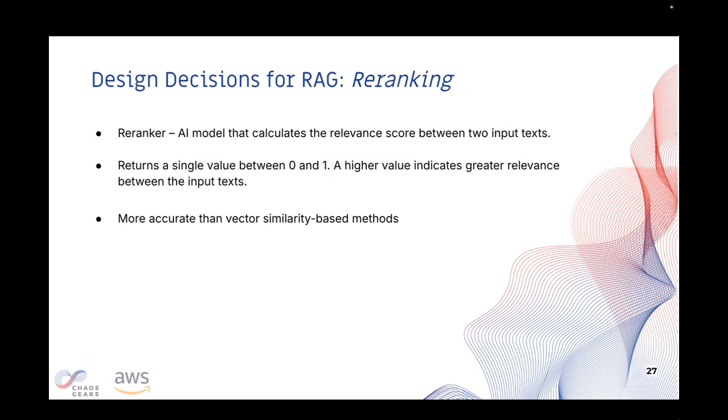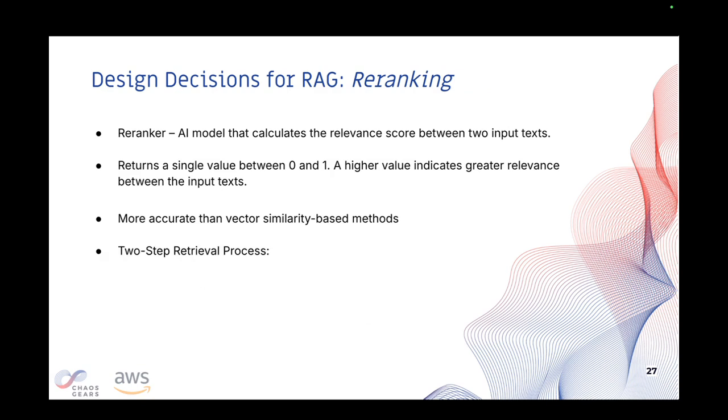This allows you to get more accurate results than vector similarity-based methods, because similarity-based methods are basically some simple heuristics that you apply on two vectors, right? And if you use a ReRanker, it is trained for such a purpose. So it will be much more accurate, but it is also more costly, because you need to compute this score for each document-query pair.